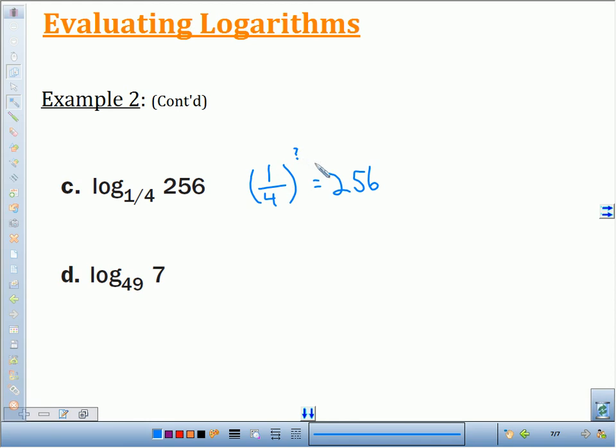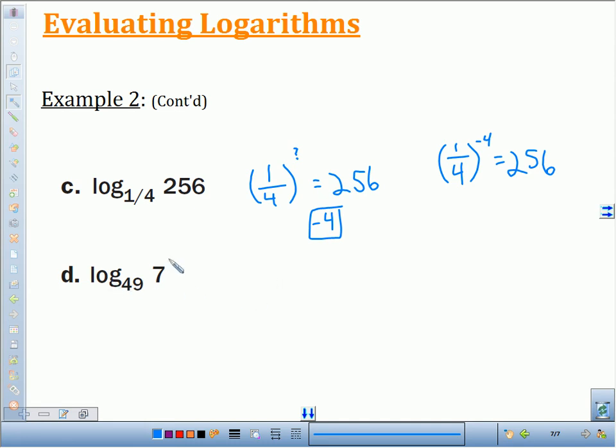And in order to figure that out, keep in mind, of course, that we are taking the reciprocal because this is a fraction and our answer is a whole number. So we know it has to be negative. And in fact, if we raise 4 to the 4th power, we get 256. 1/4 to the negative 4th power is 256.